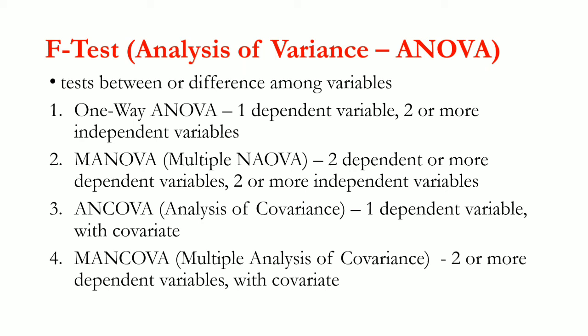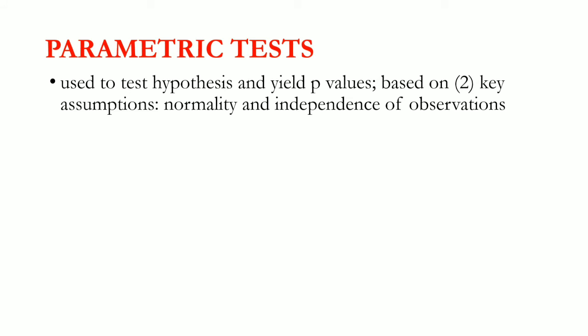ANCOVA means analysis of covariance, one dependent variable and one covariate. MANCOVA means multiple analysis of covariance when you have two or more dependent variables with a covariate. So depending on your respondents, groupings, and variables tested, you choose any of the four types of F-test or analysis of variance.